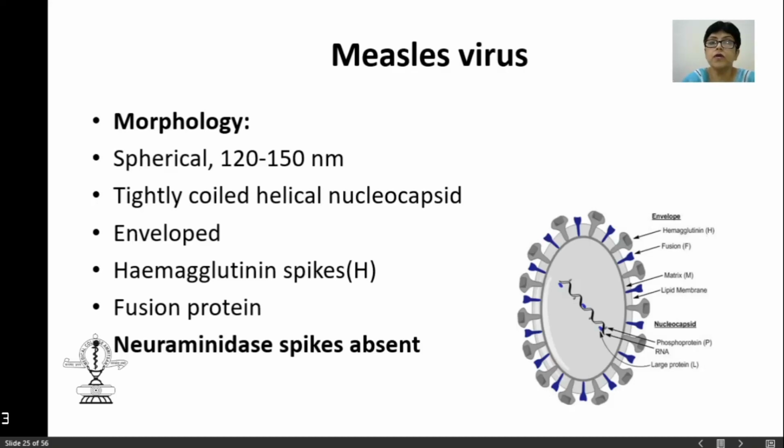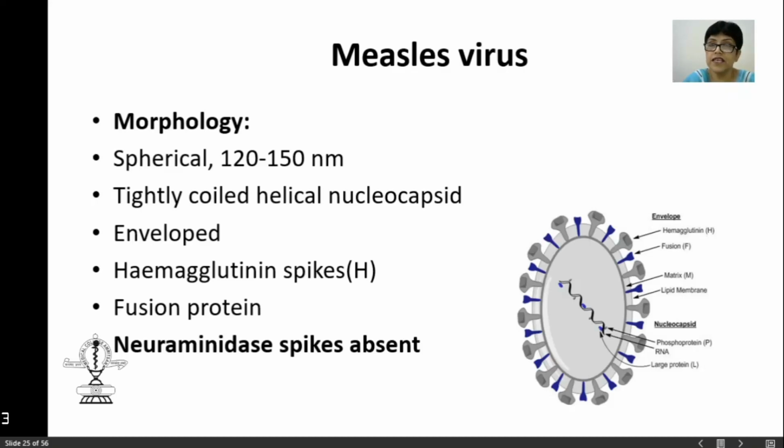Similar to all other paramyxoviruses, we have the same structure, but one important difference from the mumps virus or the RSV is that the peplomers on the surface of the envelope have either an F activity or an H activity. It has no neuraminidase activity. So we have a hemagglutinin spike and a fusion spike, but we do not have any neuraminidase activity in this H spike.